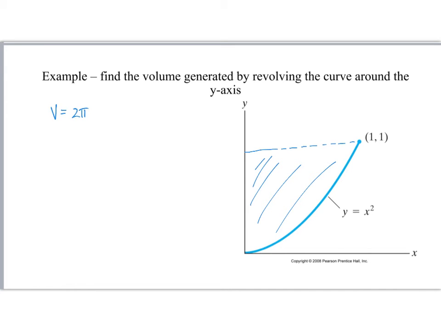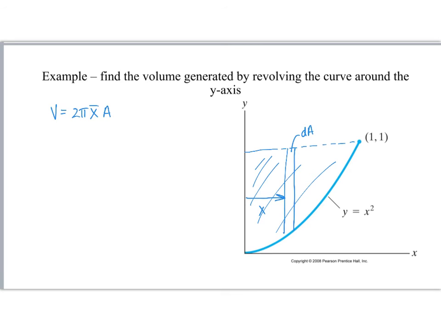Now, because this time we're revolving around the y-axis instead of the x-axis, we're not going to be basing it on the y centroid, but the x centroid. So it's going to be x centroid times the area. And this sets me up here because this would represent my dA.